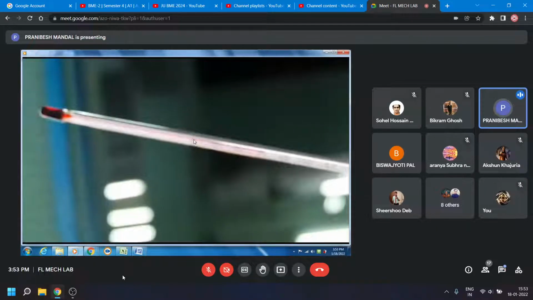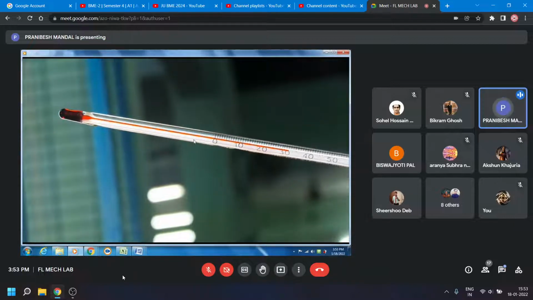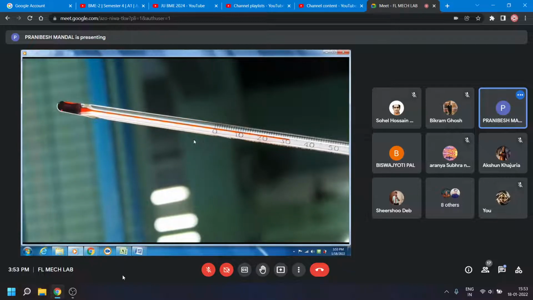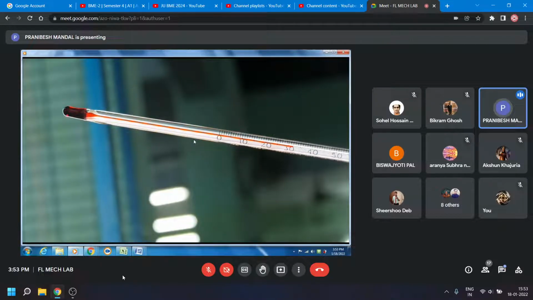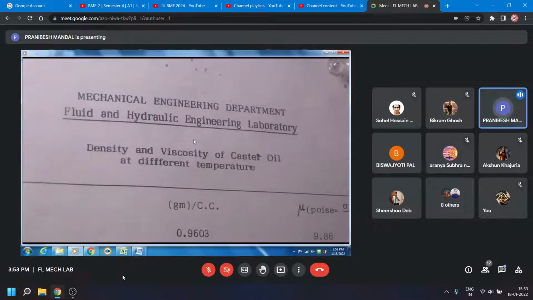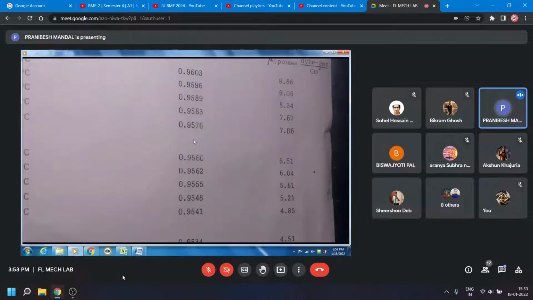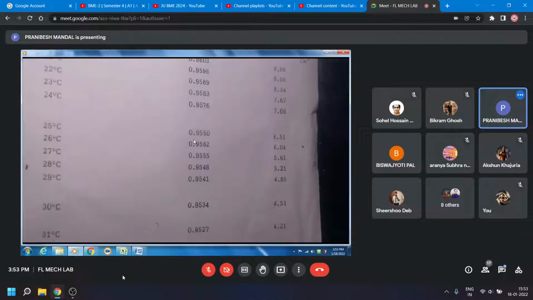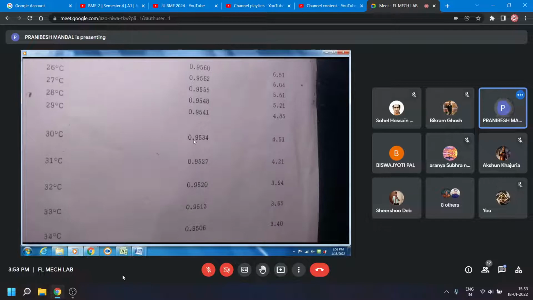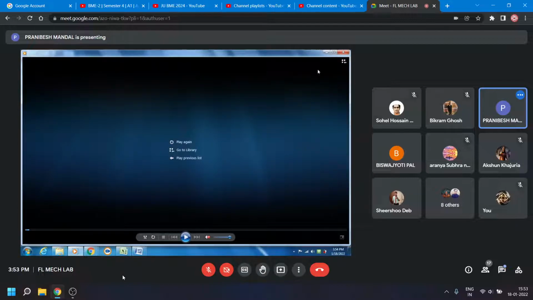And the temperature reading you may see that is 32 degrees centigrade. Is it okay? Yes, sir. And this is the chart. This is the chart for castor oil. যদিও castor বানানটা ভুল আছে, the spelling is incorrect. But for 32 degrees centigrade, what is the viscosity that is given in the chart? Okay, you can use it. That is the theoretical viscosity value.